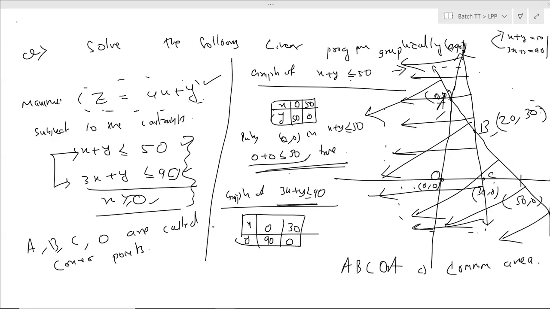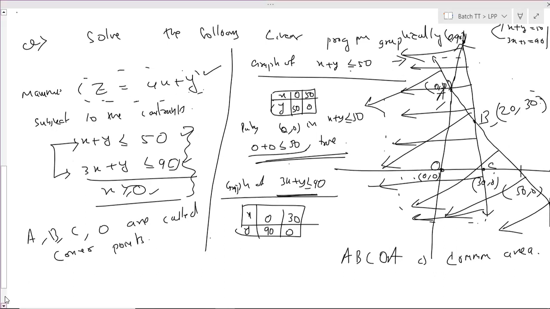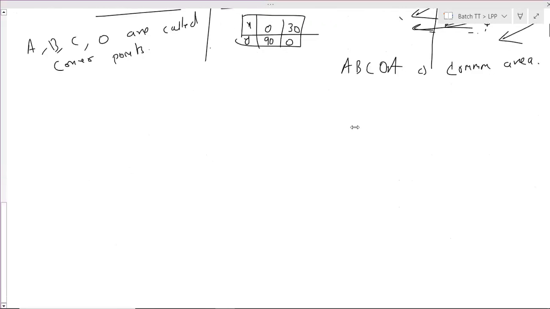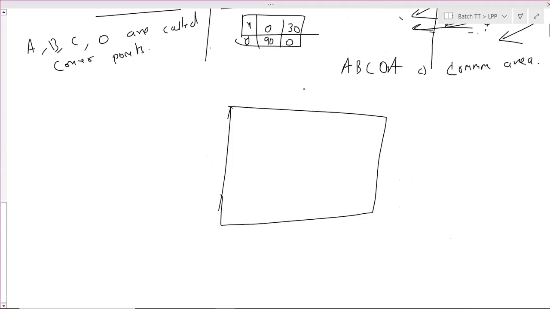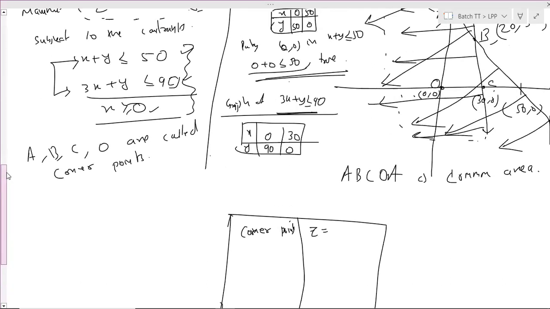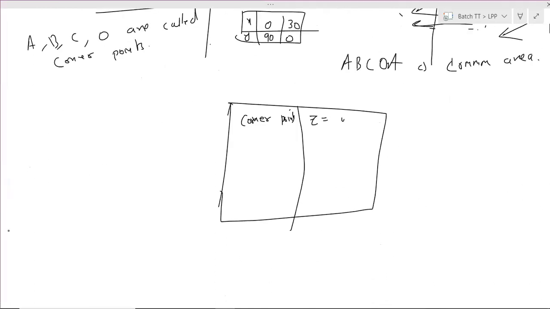As soon as you find the corner points, all you have to do is draw a table: corner points and z equals 4x plus y. Remember this equation, which I told you that you will need in the last moment.